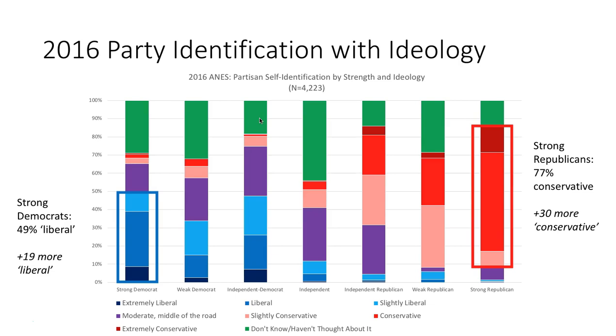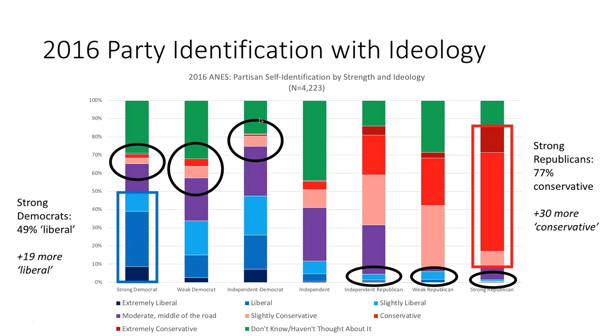And then notice the cross-cutting ideological perspectives. The conservative Democrats have shrunk, and among Republicans, liberals have shrunk even greater to where among strong Republicans, they're almost non-existent. The other interesting factor to think about, again, you're seeing less than 20%, in fact about 15% among independent Republicans, not sure of their ideological perspective.